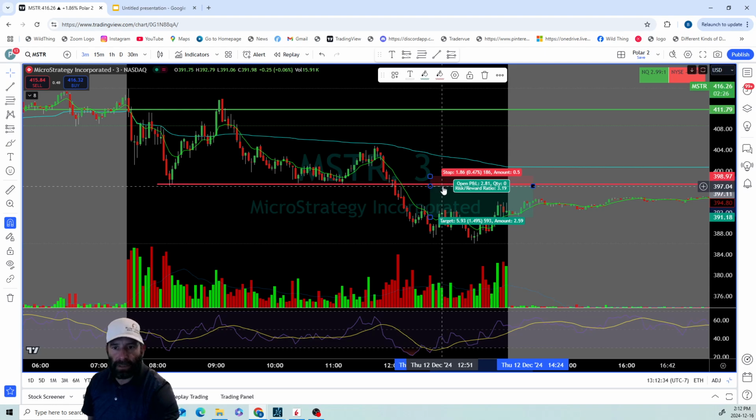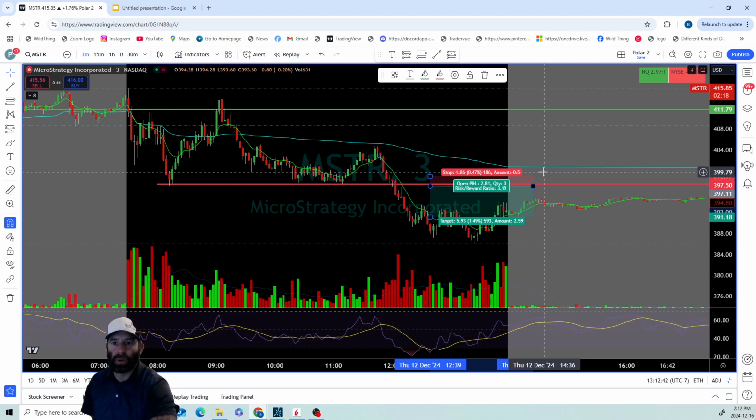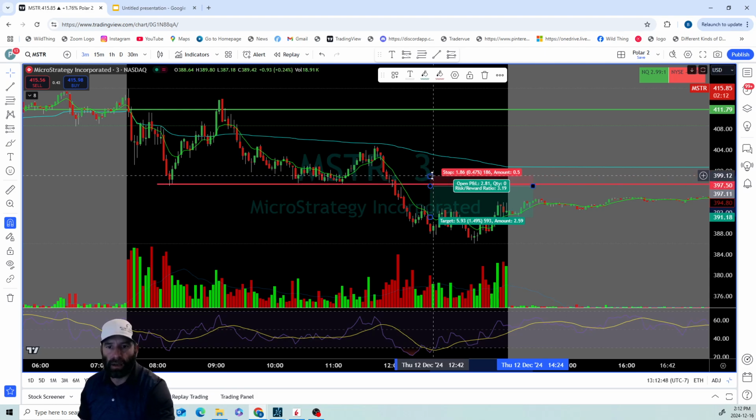If we enter the position short with 100 shares and we take a $2 loss, that will get us our max loss of $200. So 1R equals $200 on a $20,000 account.